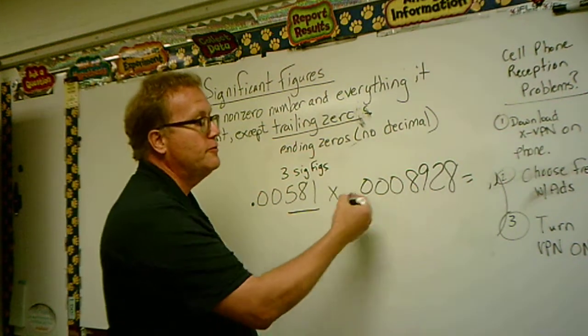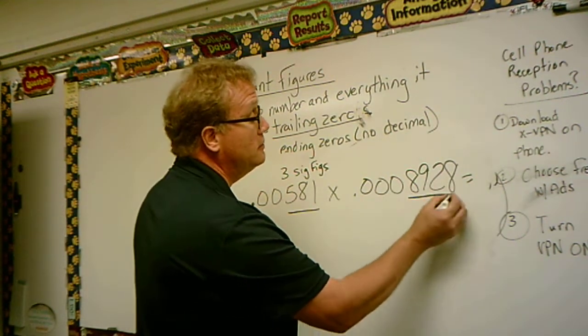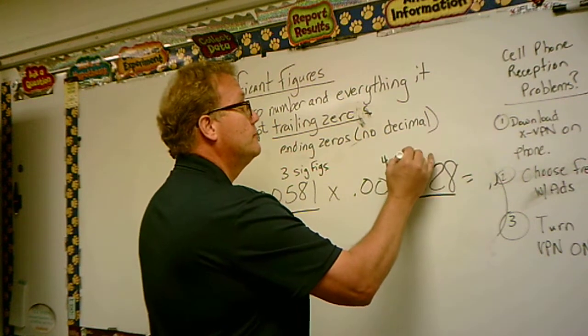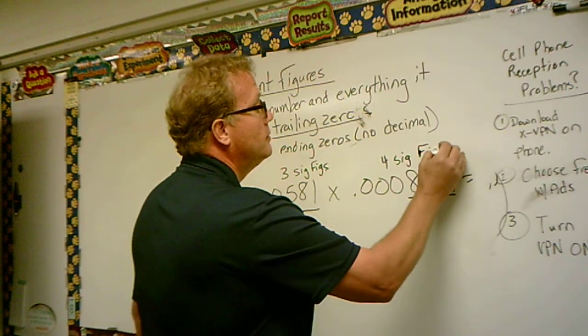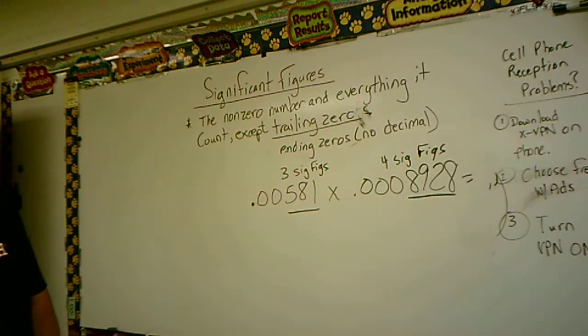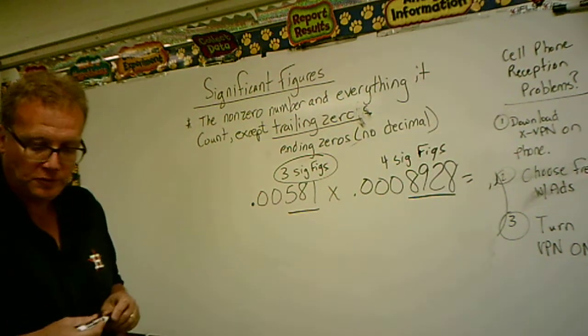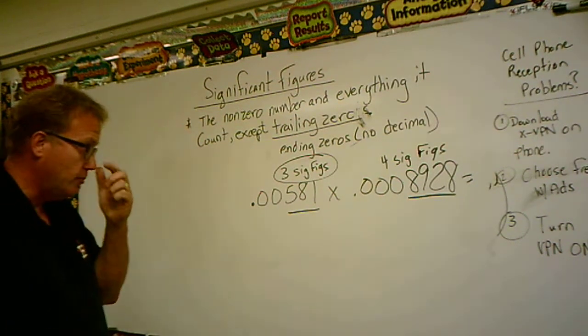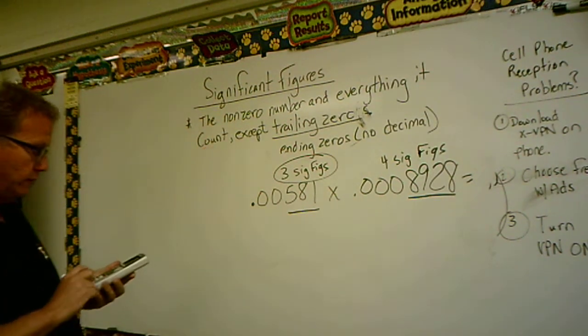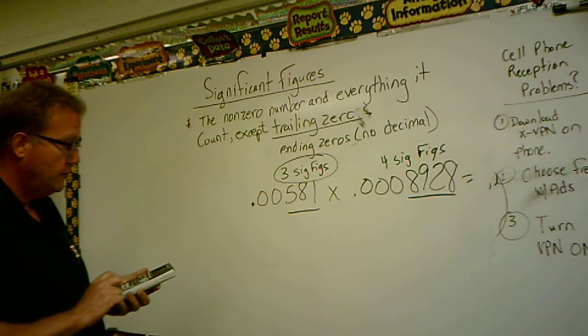And then we don't start counting until we hit the 8. That's 4 sig figs. So when I'm calculating, that's my least specific one, or the more general one. This one on the right is more specific.